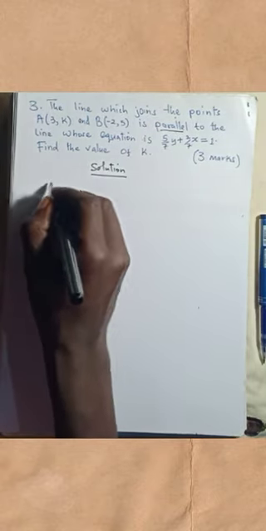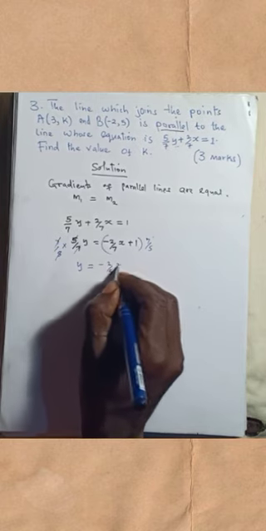From here we multiply by the reciprocal of 5 over 7 on either side of the equation, that is, multiply by 7 over 5. Of course this one will cancel, so that you retain y here is equal to negative 2 over 7x times 7 over 5. The 7 and 7 will cancel, you will get negative 2 over 5x.